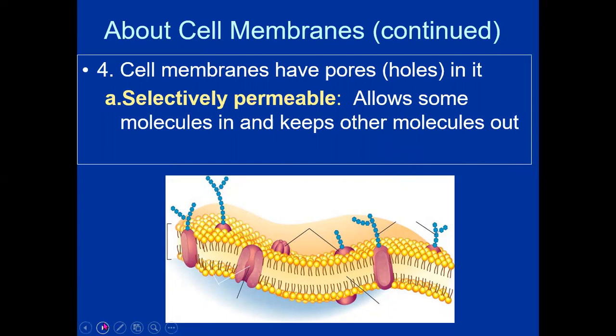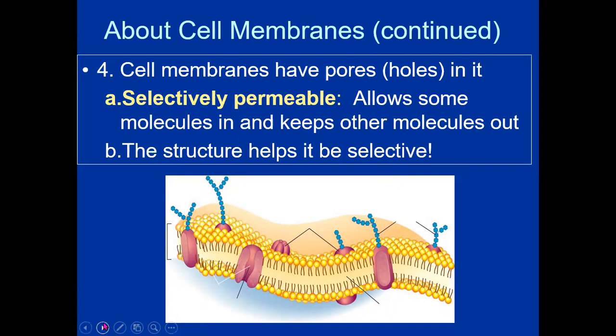The cell membrane has some pores within it, and these pores are what make the membrane selectively permeable. Selectively permeable in the sense that only materials that are very small in relation to the pores of the cell can actually pass through them.